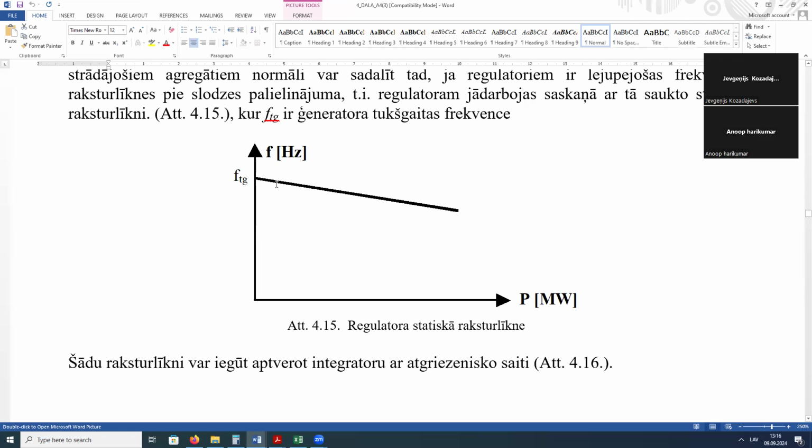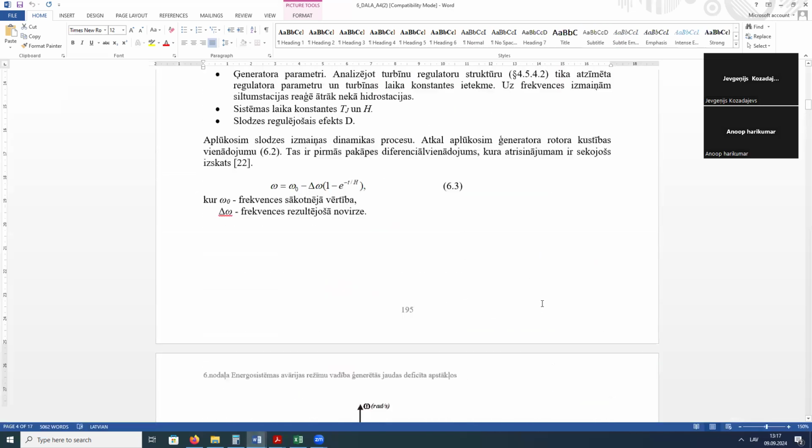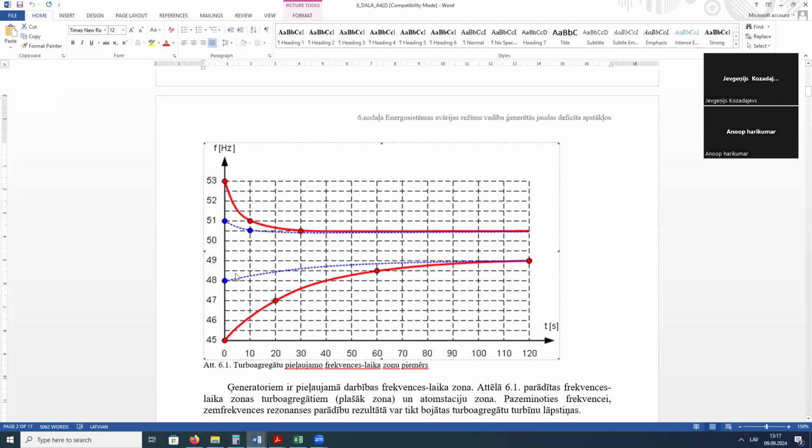Of course, this curve is not a straight line. This curve is very complicated, but for example, here we are interested in the small deviation of frequency around the nominal value, because if the deviation is larger, nothing is possible to save, we will have a blackout.